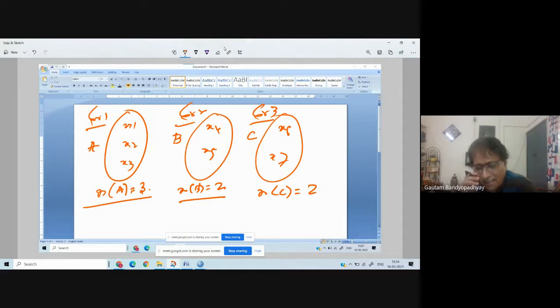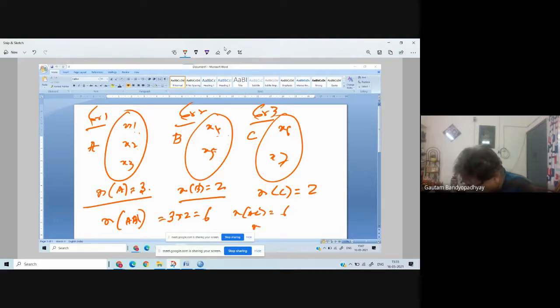And naturally, the cardinality of AB, that is when there is interaction between 2 groups, because some members are associated with members of the other group. X1 is related with X4, X1 is related with X5. Naturally, the cardinality of AB equals 3 into 2, that is 6. Similarly, the cardinality of AC is also 3 into 2, that is 6.